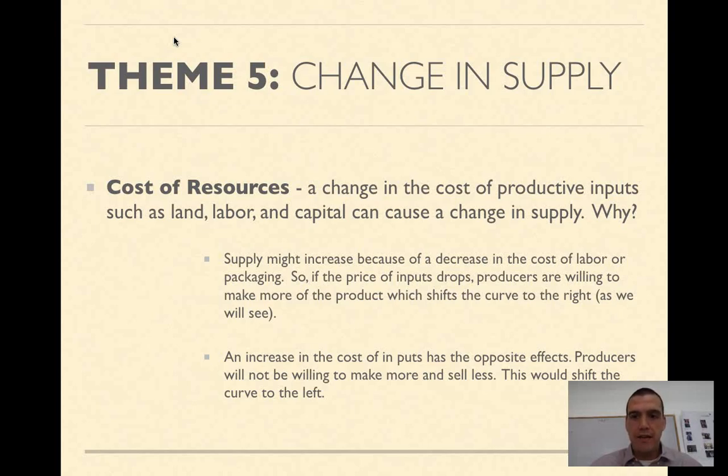When land, labor, or capital becomes more expensive, producers might not be willing to make more of the product, so they wouldn't make as much as they would if it was cheaper, and this would shift the curve to the left. Some people argue that McDonald's workers in America should be making $20 an hour.